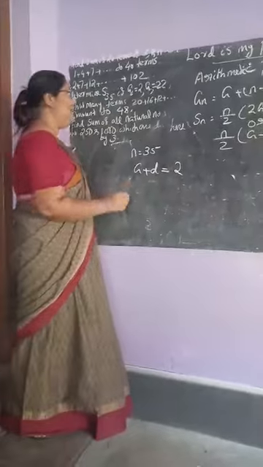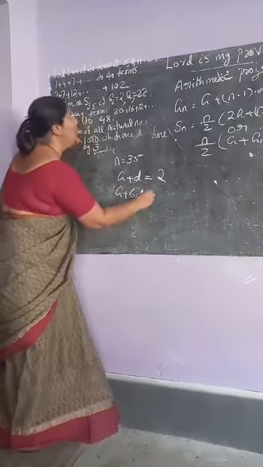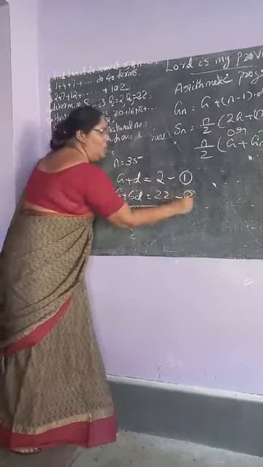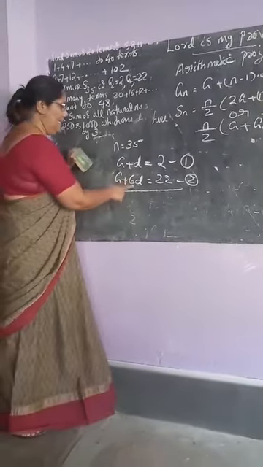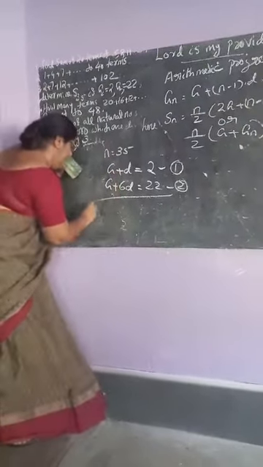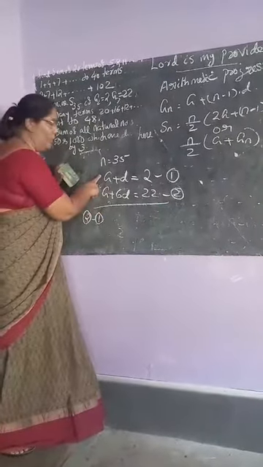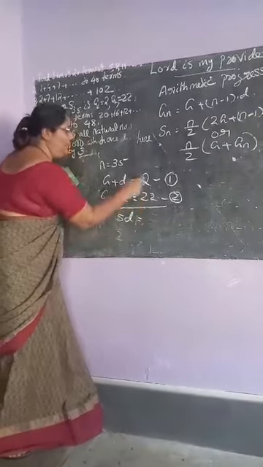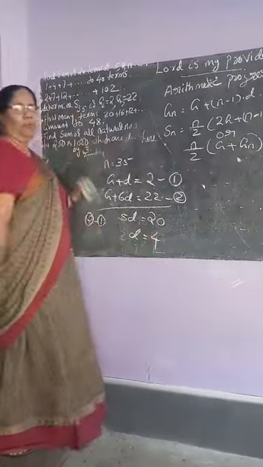Then a7 means a plus 6d is equal to 22. Here we call them equations 1 and 2. Then second equation minus first equation: 6d minus d, a minus a is 0. 5d is equal to 22 minus 2, which is 20. D is equal to 4.